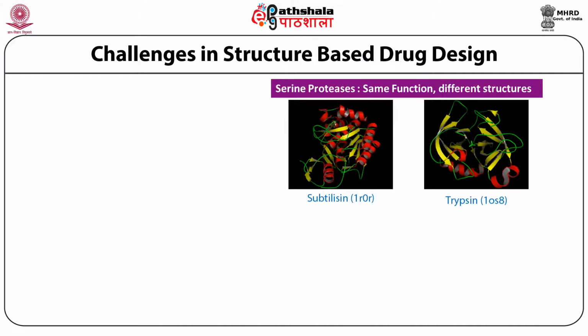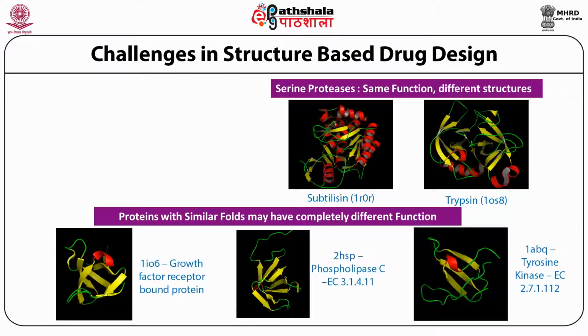The other way around is also possible, and that is similar folds. We have almost similar folds but three different functions. One function is a growth factor on the left-hand side, the middle is phospholipase, which actually breaks down lipids, and on the right-hand side is a very interesting target molecule for cancer, tyrosine kinase.